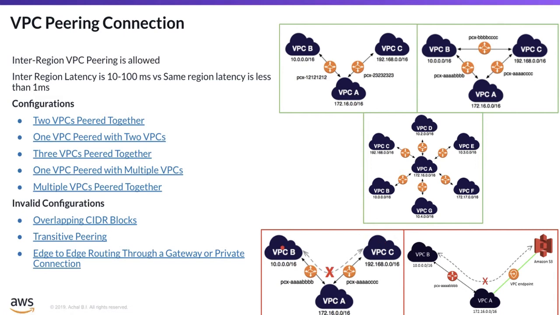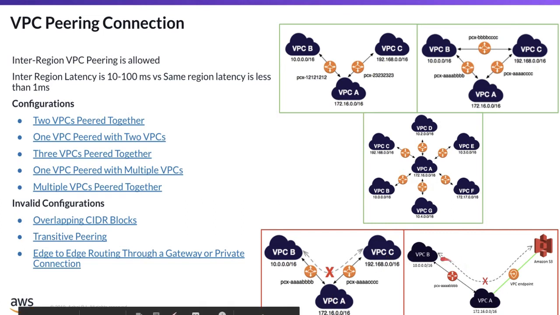But an instance in VPC-B cannot directly access VPC-C instances using a private IP. It cannot directly contact VPC-C just because it has a connection to VPC-A. Okay, got it.